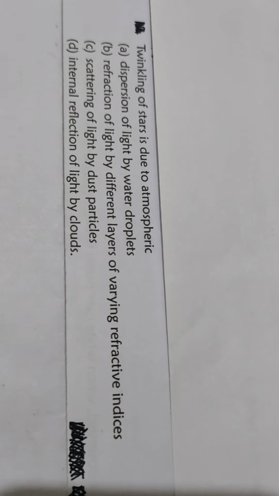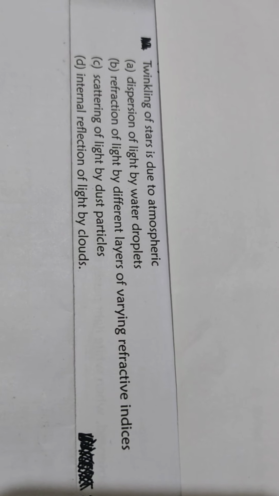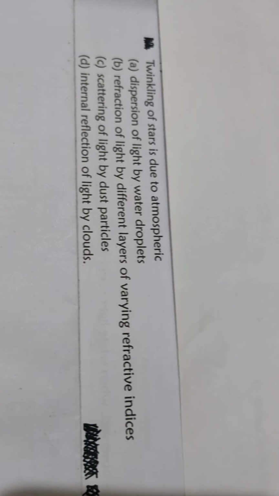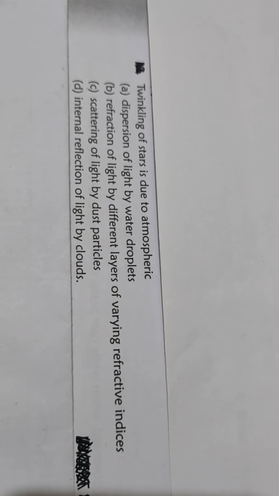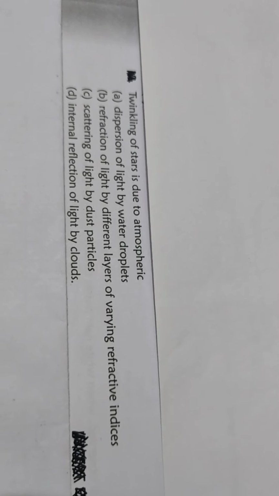Next MCQ is, twinkling of stars is due to atmospheric. There are 4 options: dispersion of light by water droplets, refraction of light by different layers of varying refractive indices, scattering of light by dust particles, internal reflection of light by clouds. And we know the answer is B here. We have discussed it various times.